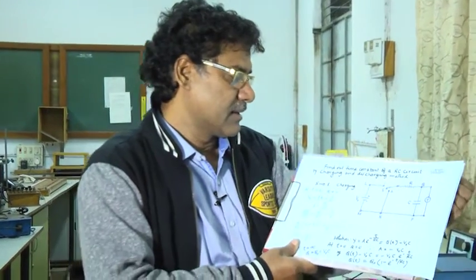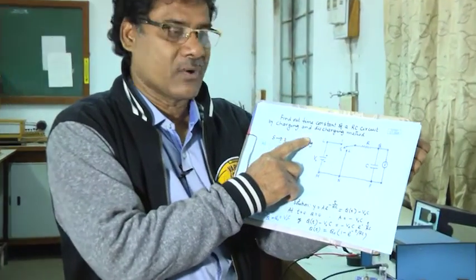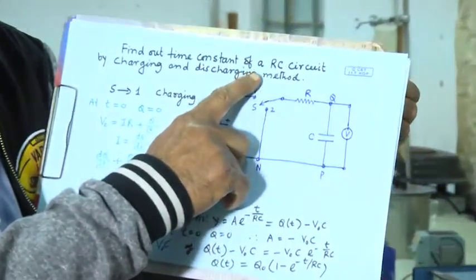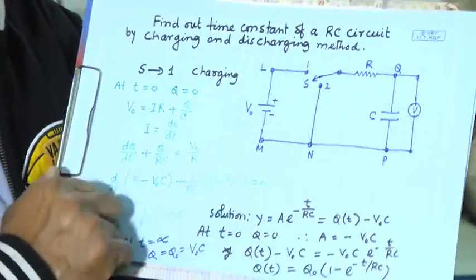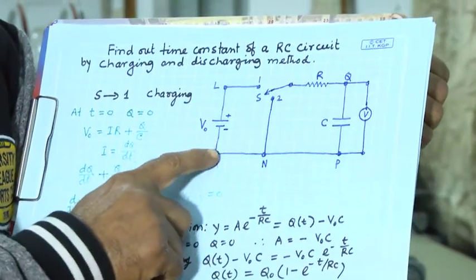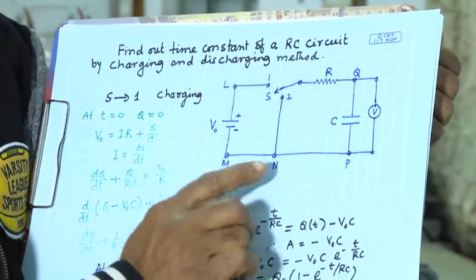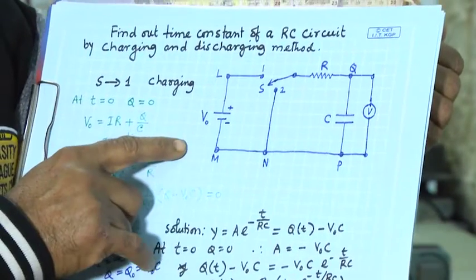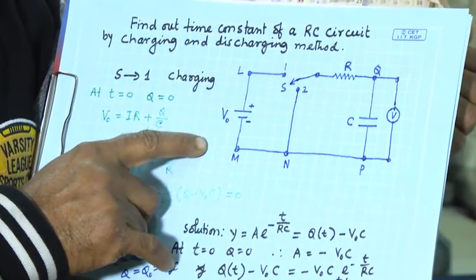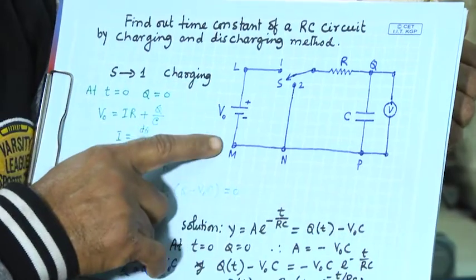Okay. So, let us discuss the theory of this experiment first. We will try to find out the time constant of an RC circuit by the charging and discharging method. So, this is an RC circuit. If you look at this part, in a circuit of course you need a DC power supply.